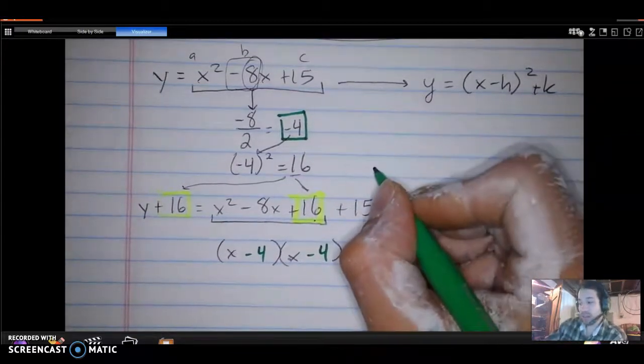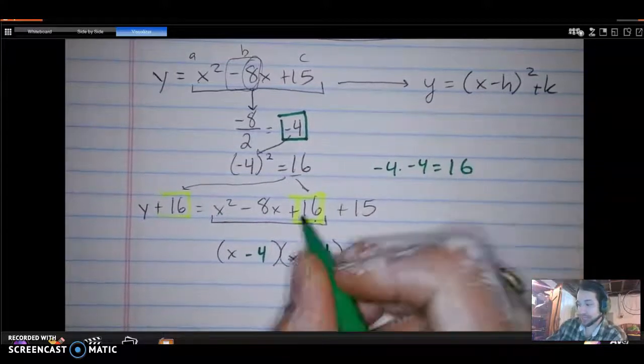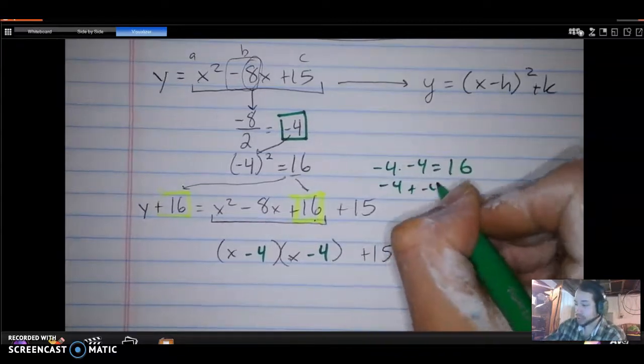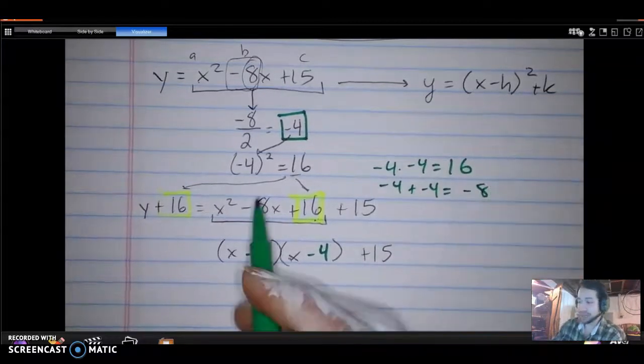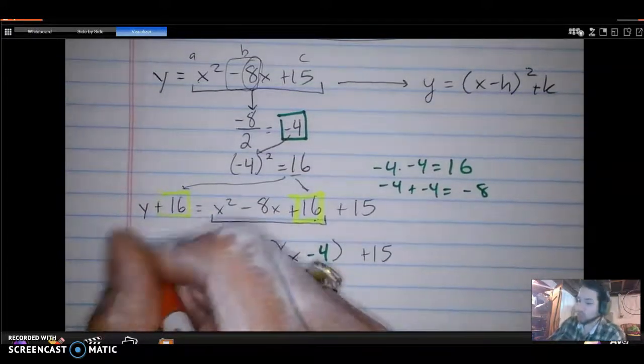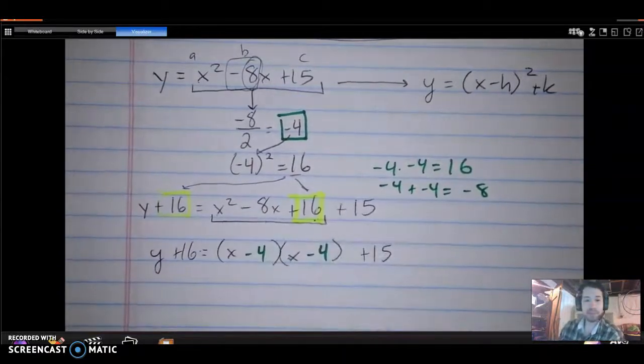You can verify that: negative 4 times negative 4 is equal to 16, and negative 4 plus negative 4 is equal to negative 8. And this is y plus 16 equals that.